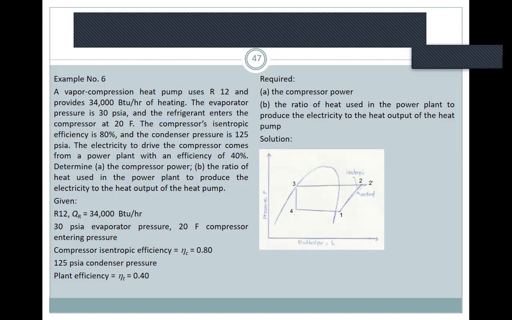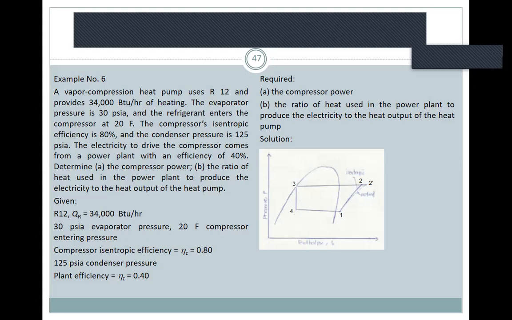The compressor's isentropic efficiency is 80% and the condenser pressure is 125 psi. The electricity to drive the compressor comes from a power plant with an efficiency of 40%. Determine A, the compressor power, B, the ratio of heat used in the power plant to produce the electricity to the heat output of the heat pump.